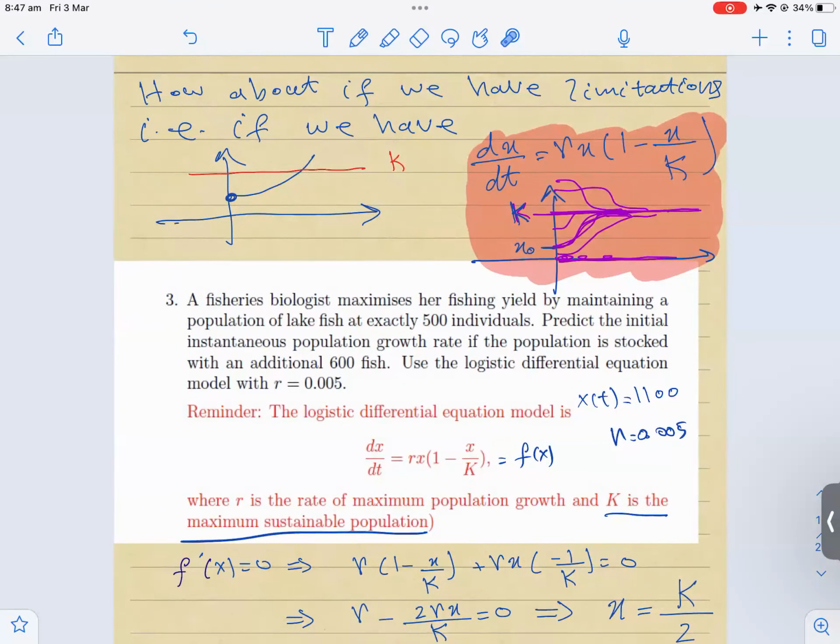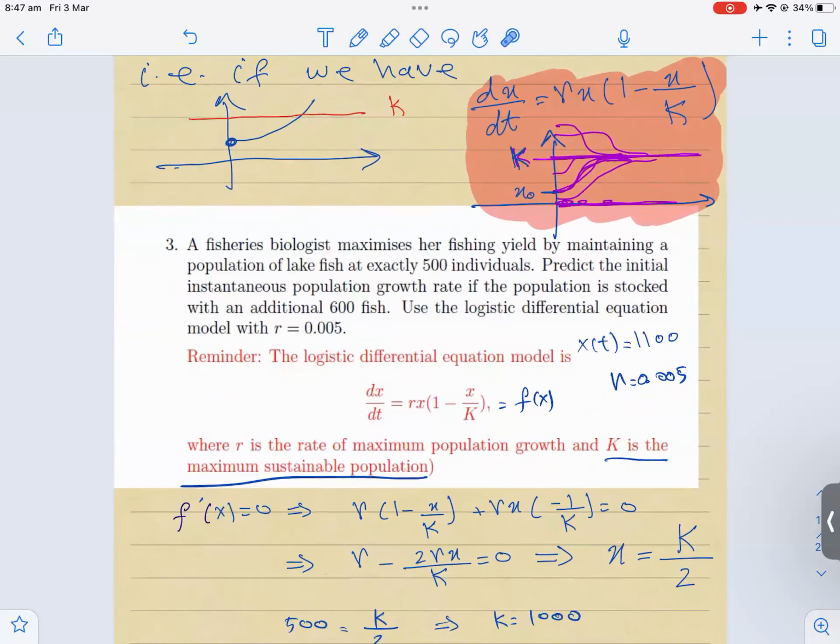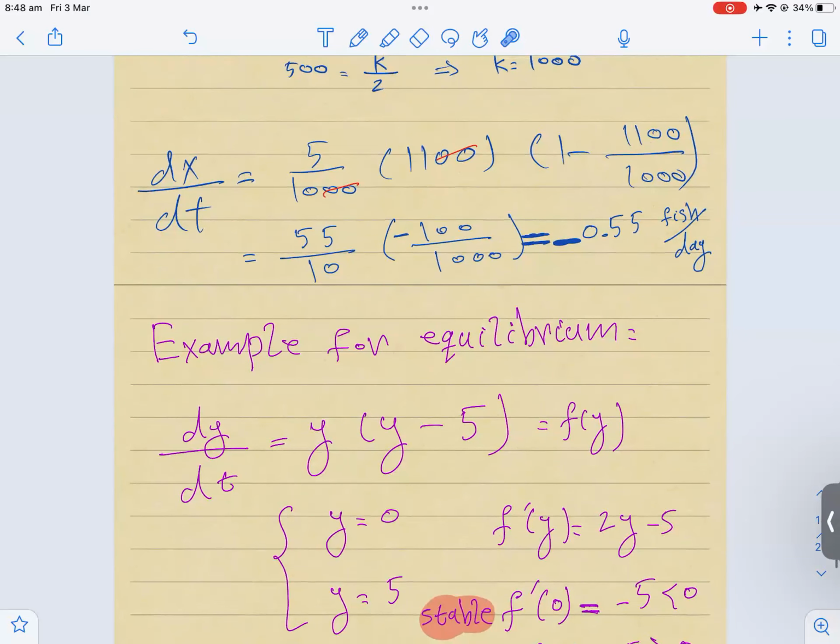Okay. Now look at this one, x prime equal to rx times (1 minus x over K). This type of equation is like y prime equal to f of y. This is an autonomous ordinary differential equation.